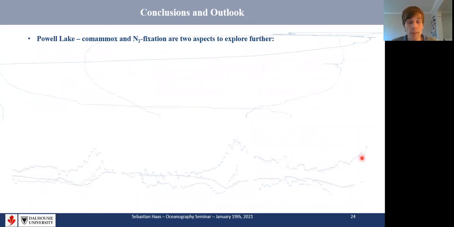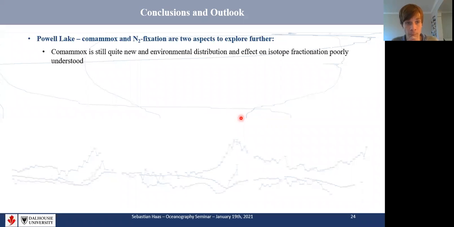And this leads me to my general conclusions and outlook, where for Pow Lake, I think that CHROMOMOX and nitrogen fixation are two aspects that can be explored further in this lake. CHROMOMOX is a newly discovered process, and its environmental distribution and effect on isotopic fractionation is still poorly understood, and Pow Lake provides an environment that can be studied.